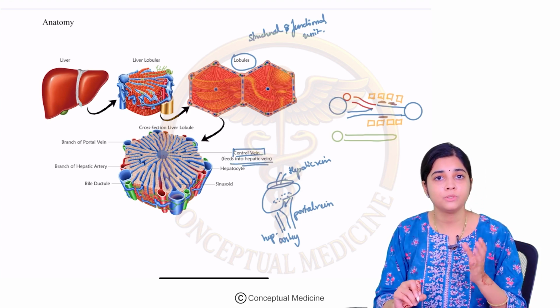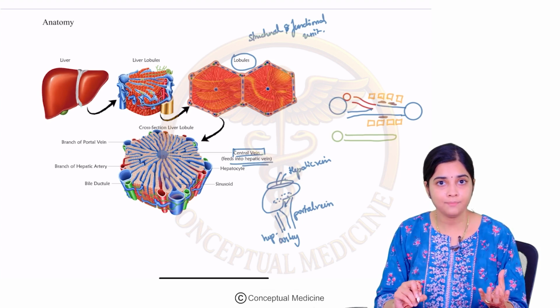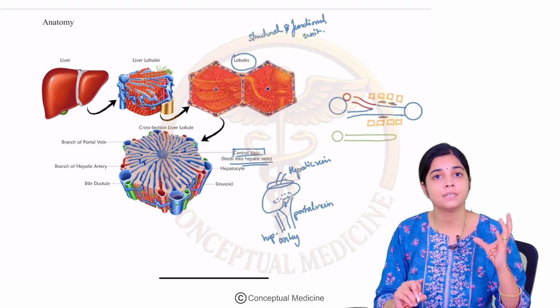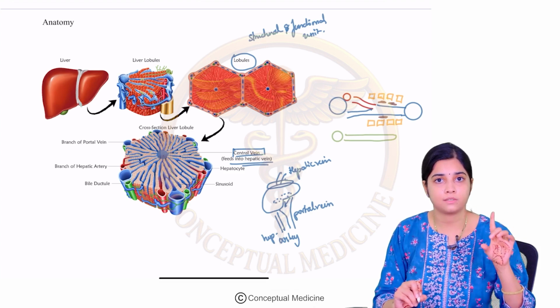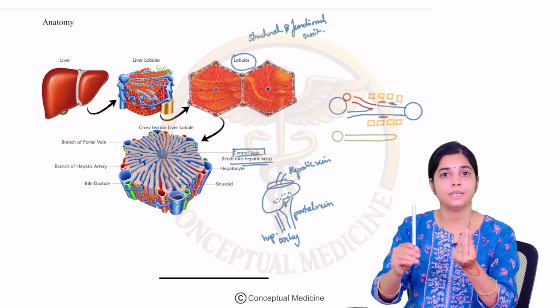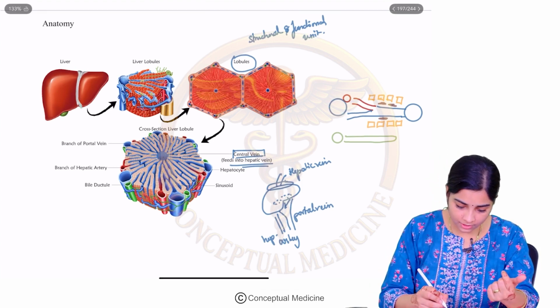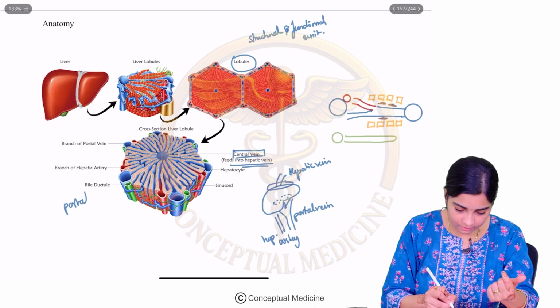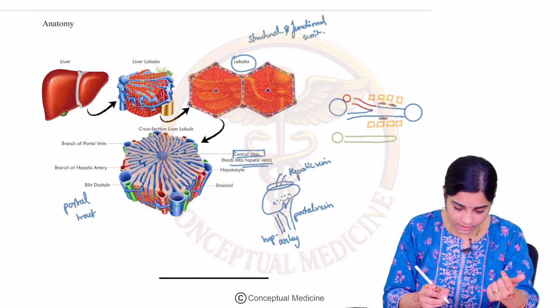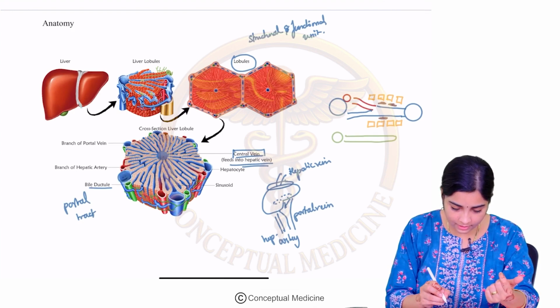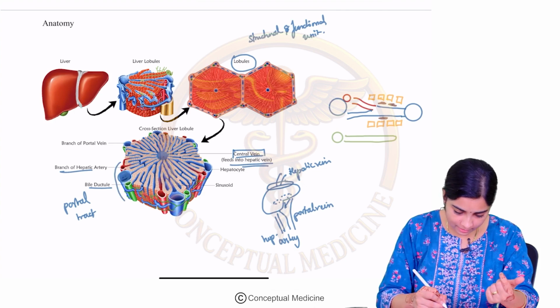Because each lobule is hexagonal in shape, it is surrounded by hepatocytes and portal tracts in the 6 corners. So what is this portal tract? The portal tract basically comprises the portal vein with the bile duct and a branch of the hepatic artery.